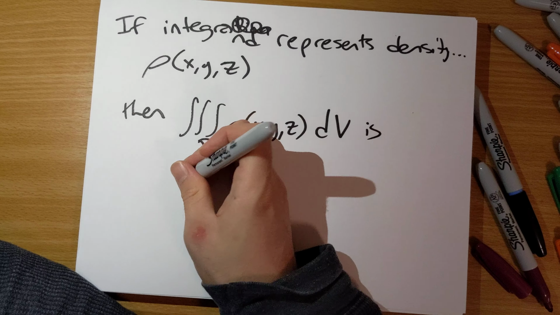Another great application, if you ever go on to do an electricity and magnetism course, is that there will be some kind of electric charge density going on here. And so integrating this will give you the total amount of electric charge.